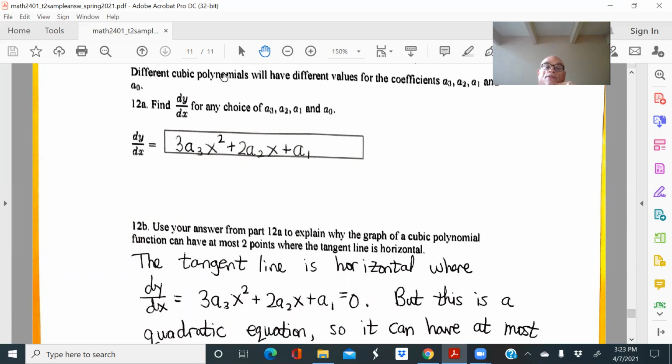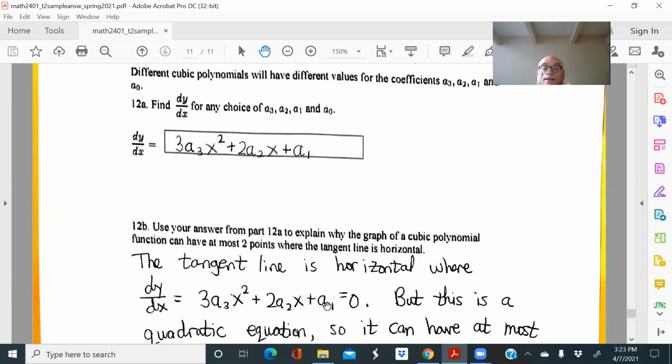You take the derivative and you set it to 0. A cubic polynomial's derivative always has this form, just with different choices for a3, a2, and a1. Set that to 0 and solve that equation, and that will give you where on the cubic polynomial the tangent lines are horizontal.